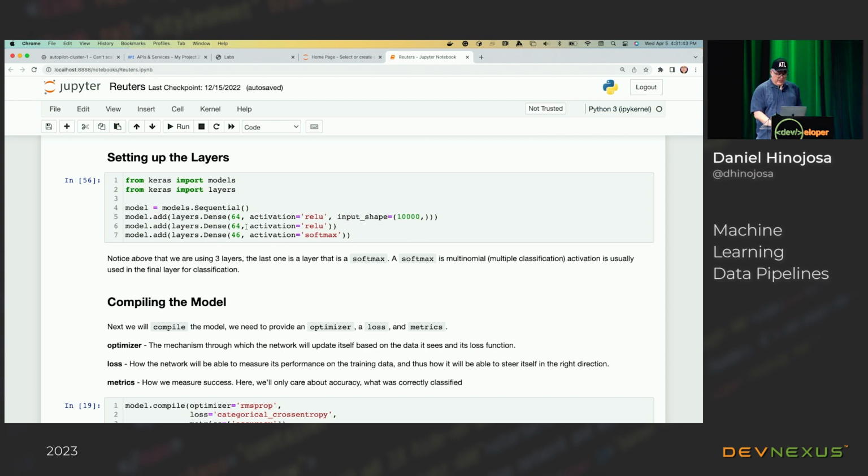So I have 64. I'm going to start here with this input shape right over here. I'm going to start here with 10,000 elements, whether that word is in the article or not. And then I'm going to use a ReLU to 64. What's up with 64? Well, 64 is meant for the inner layer.